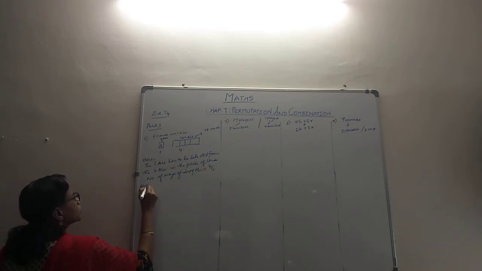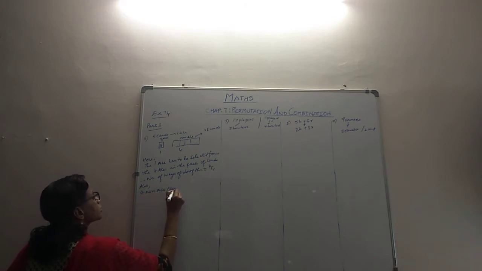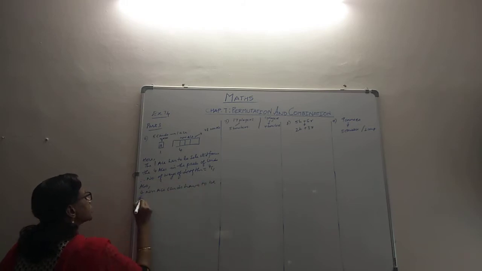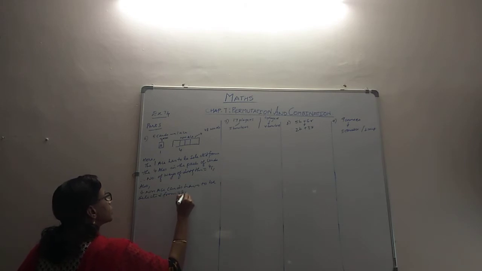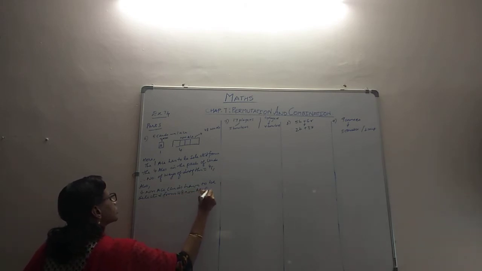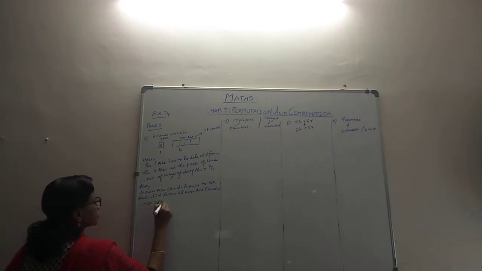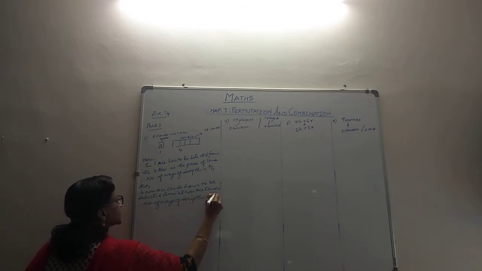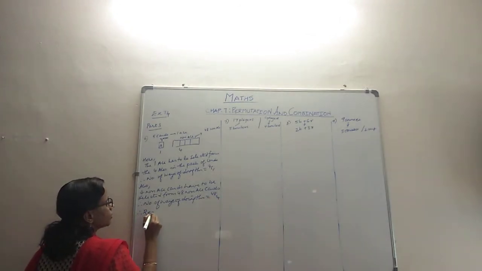Also, 4 non-ace cards have to be chosen or selected from 48 non-ace cards. Number of ways of doing it: 48C4.